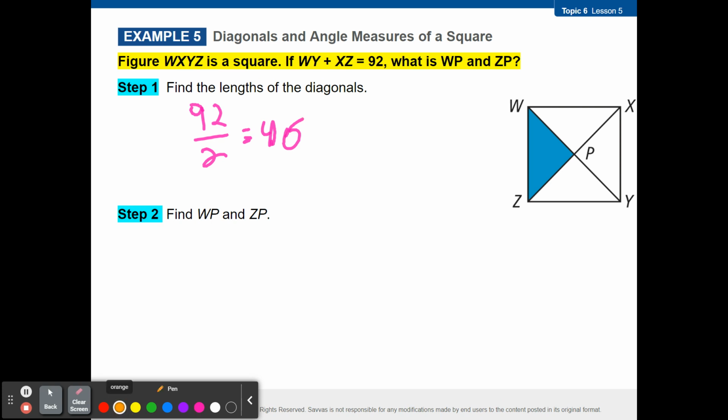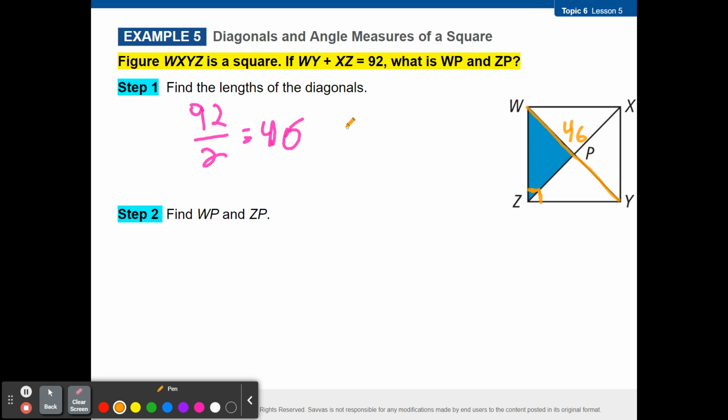Okay, so now it says find WP and ZP. Now here's the thing. If these are 46, we know that's 46. We know we have a right angle here. And they want you to find WP and ZP.